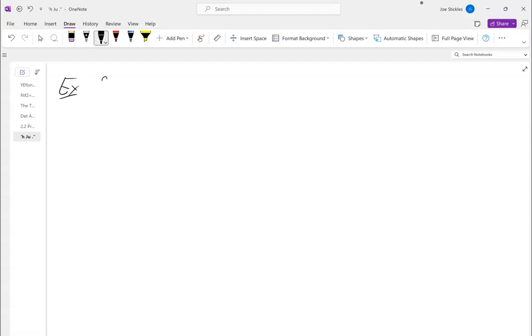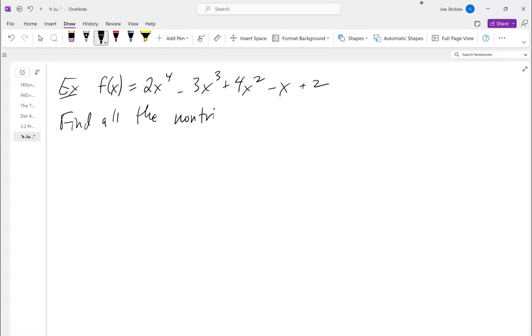If you had f of x equal to 2x to the fourth minus 3x cubed plus 4x squared minus x plus 2, and I ask you to find all the non-trivial derivatives at x equal to 3.